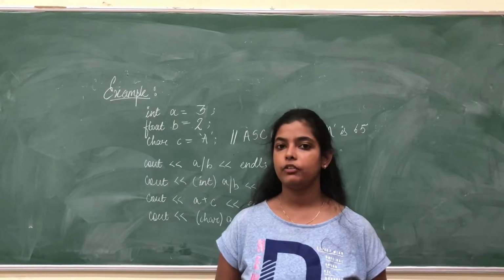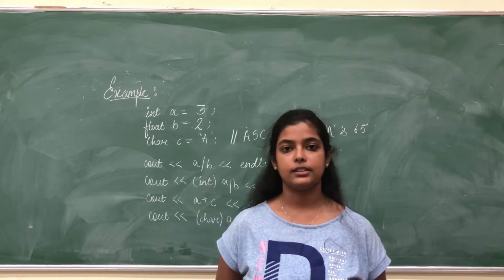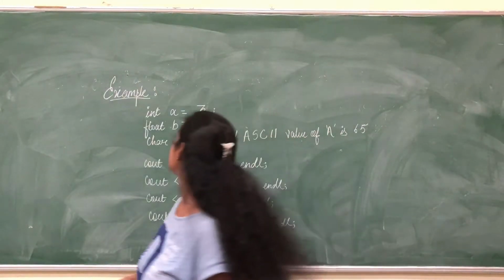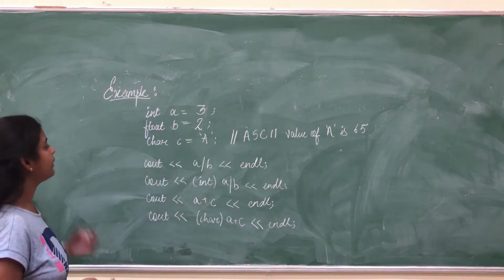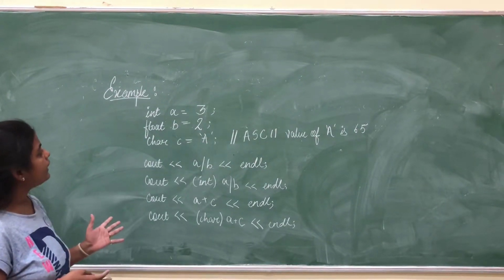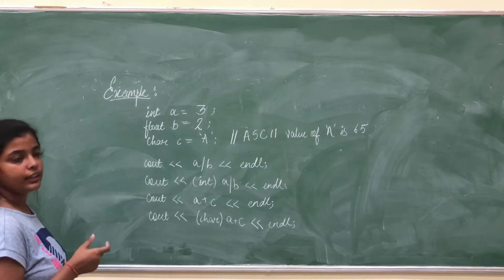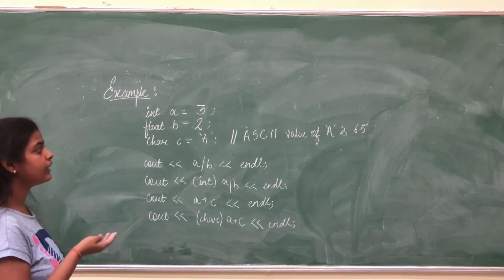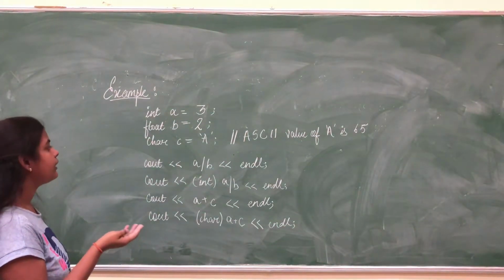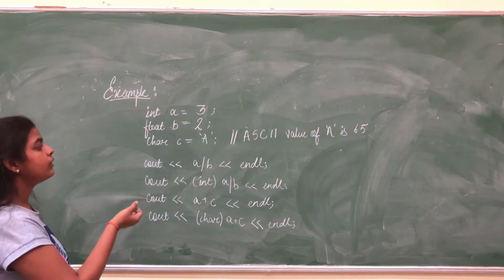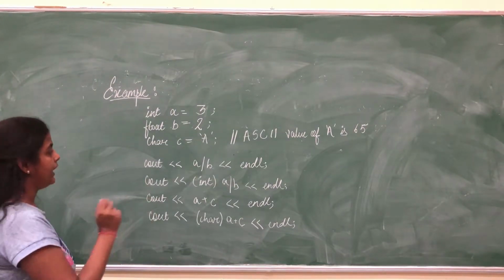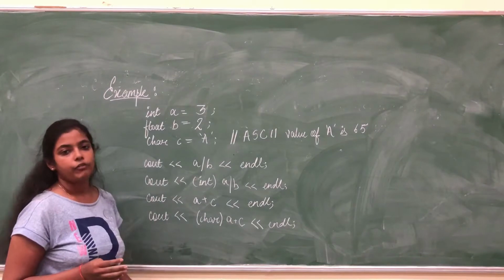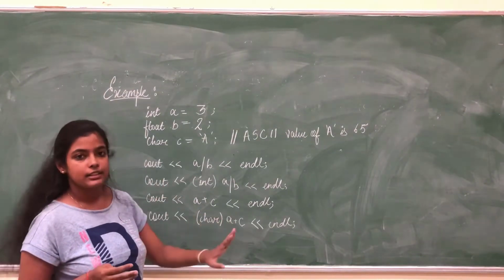To be more clear between implicit and explicit typecasting, let's take an example. Here I have a variable a of int data type whose value is 3, a variable b of float data type whose value is 2, and a character c whose value I have assigned as A. We also have to know that the ASCII value of A is 65.